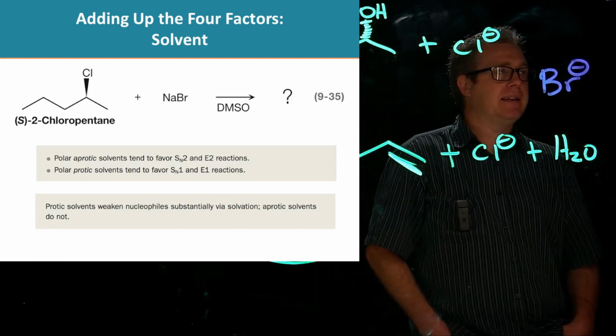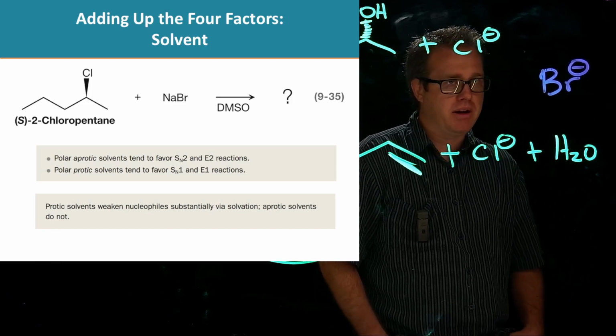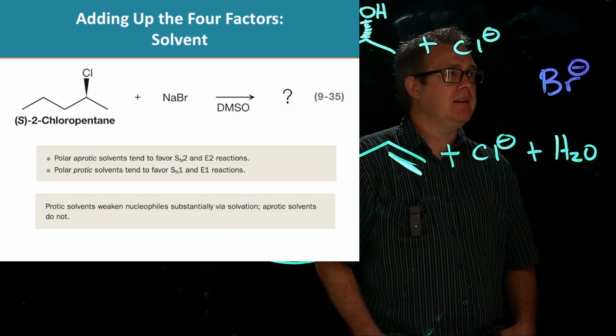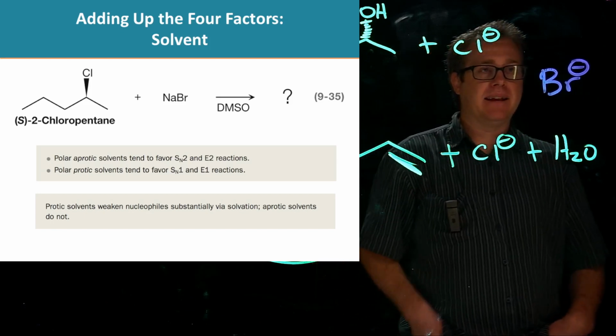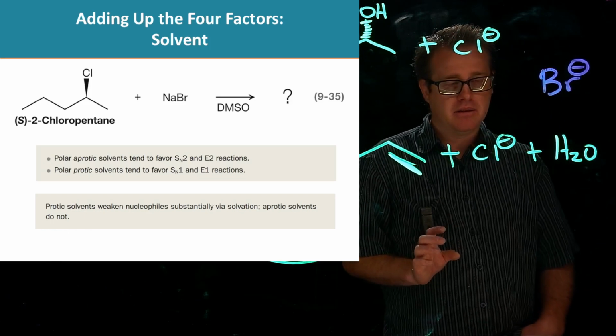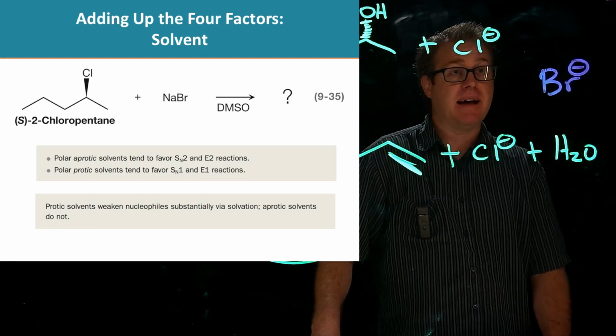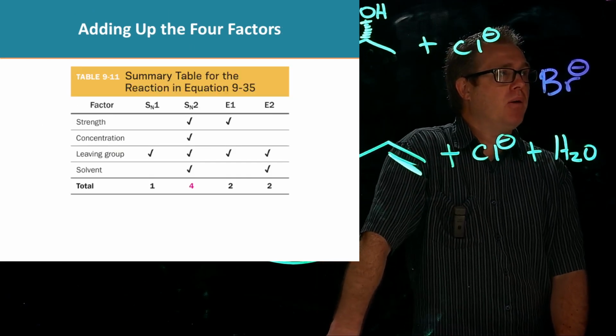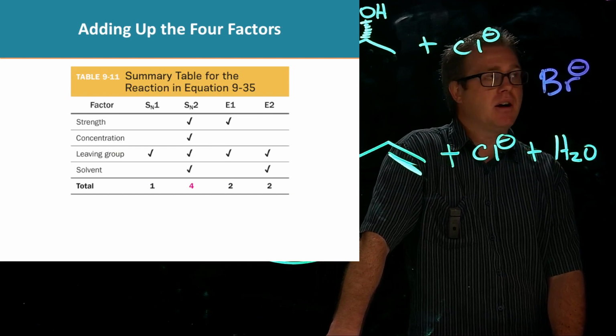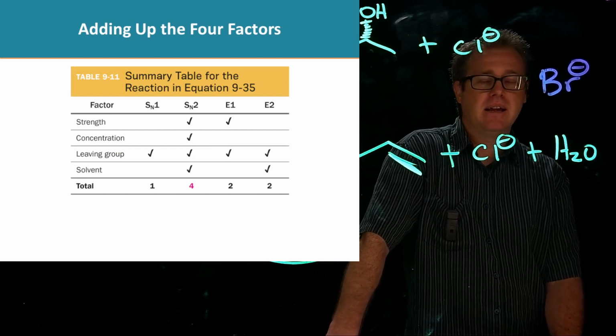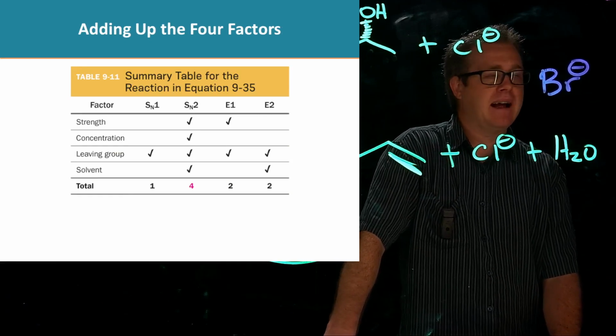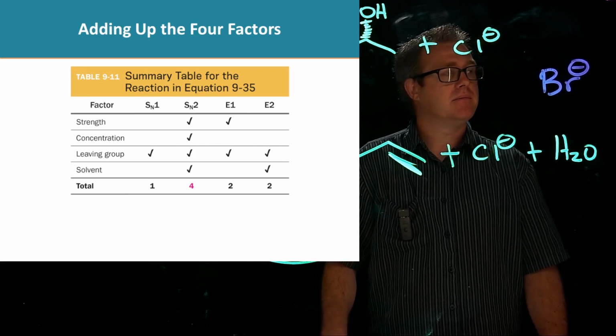I told you that DMSO is polar aprotic. So if I know that it's polar aprotic, what mechanisms does that favor? A polar aprotic solvent favors SN2 and E2, and you can see that I have 2 check marks there.